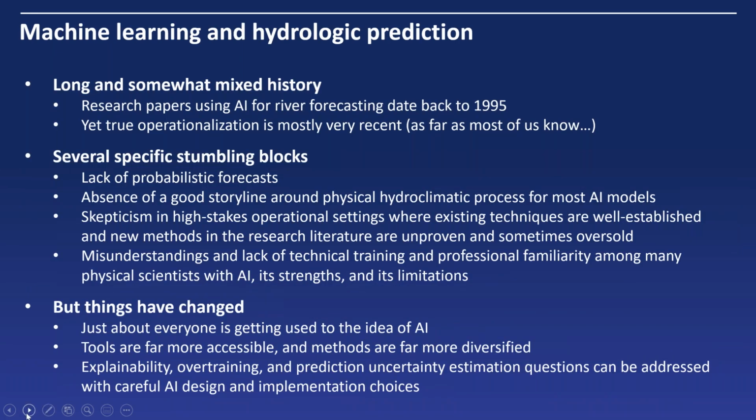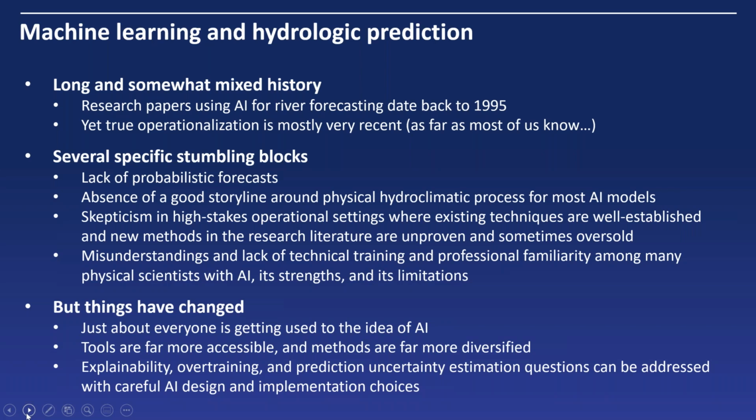So machine learning has had a long and somewhat mixed history in hydrologic prediction. I built my first neural network, including a screening algorithm, from scratch without using any libraries, in Fortran on a SunSPARC workstation back in about 2002, 2003.